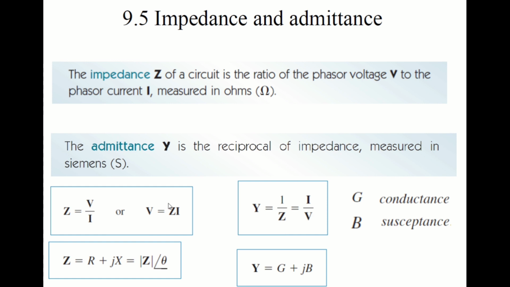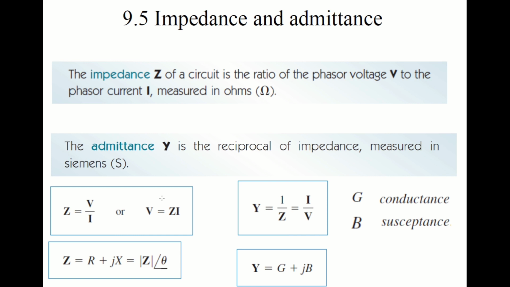So what is impedance? Impedance Z of a circuit is the ratio of a phasor voltage V to the phasor current I, measured in ohm. And what is admittance? Admittance Y is the reciprocal of impedance, measured in Siemens.